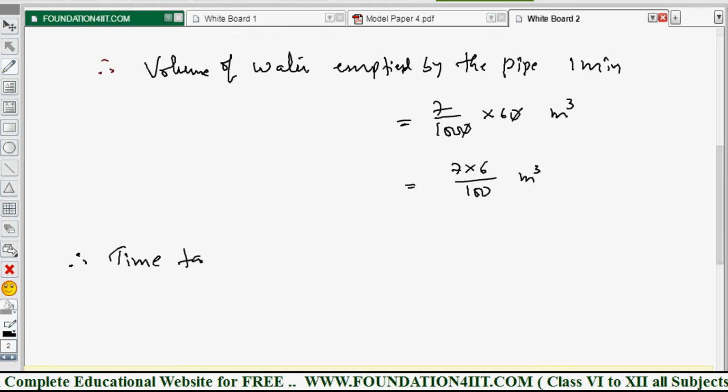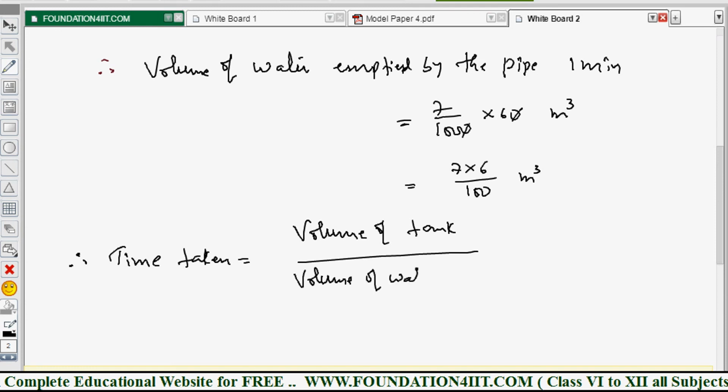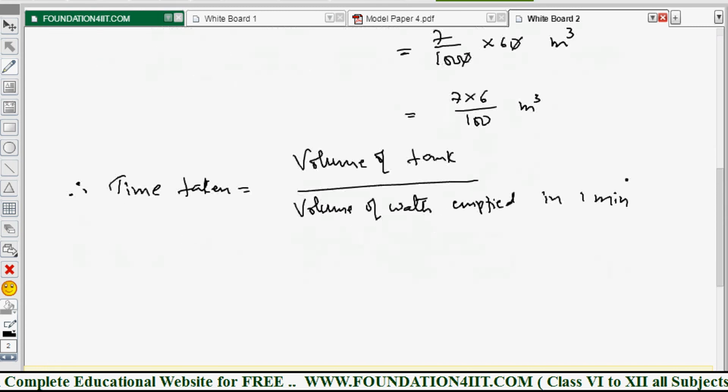So the time taken is equal to the volume of the tank, the total volume we should take, divided by the volume of the water emptied in 1 minute. Then we'll get how many minutes. According to what we found, the volume of the tank is 2 by 3 pi r cube.